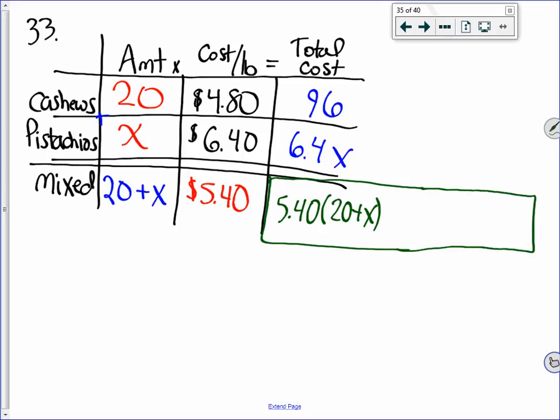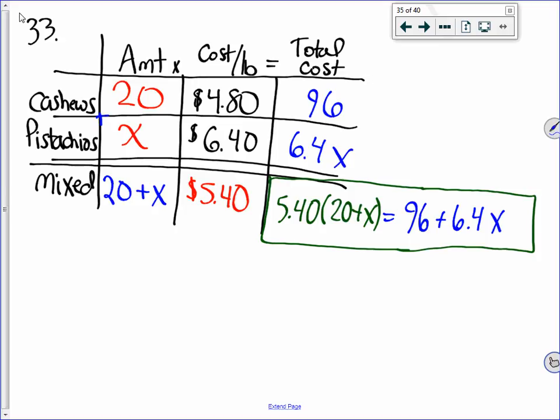So multiplying across equals adding down. Same structure. So the key to finding the equation is that what you get from multiplying across equals what you get from adding down. So it's two different ways to calculate the total cost. You can get it by multiplying across or by adding down. Same thing as we did for the other ones.